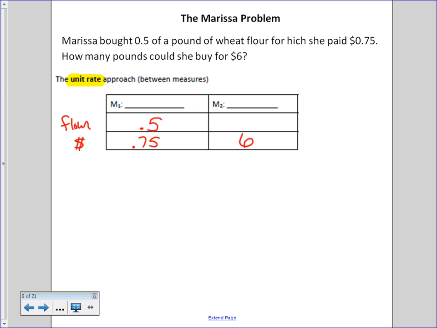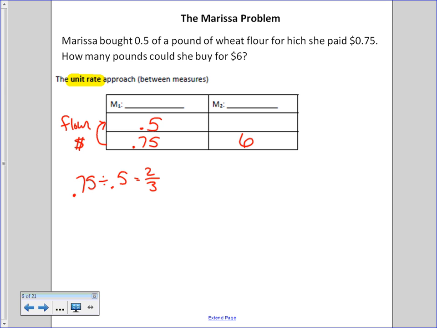This time I'm going to use unit rate. So I'm going to try and find out how many 75 cents goes into a half. And if I do 75 hundredths divided by half, I come up with 2/3 is what I come up with. It's 6/10 repeating.